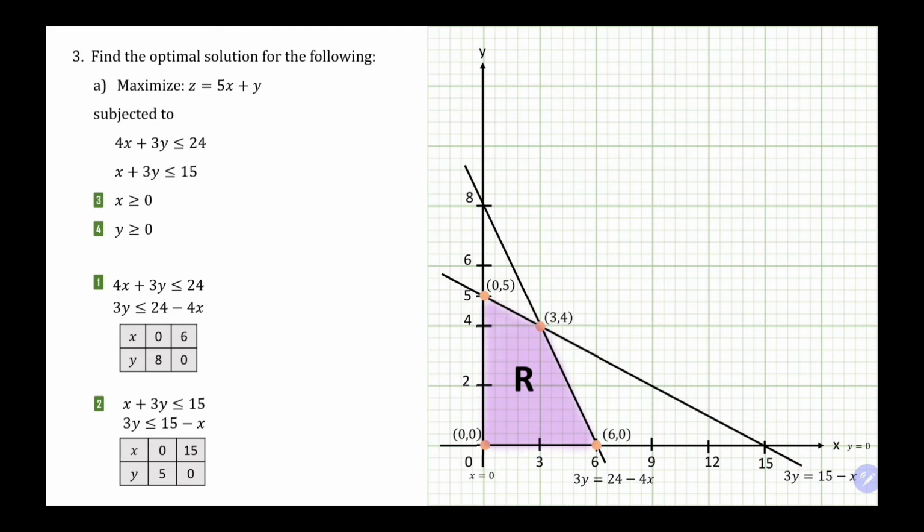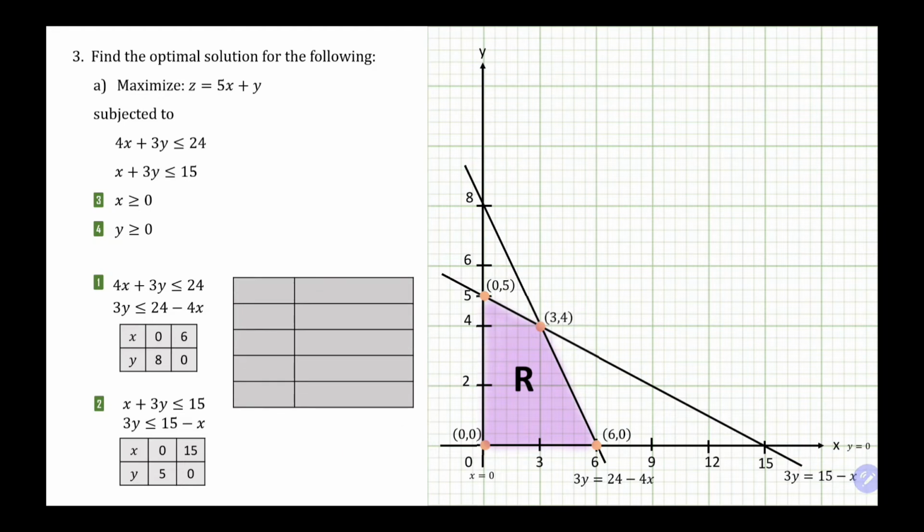Then we create a table. We put our points 0, 5, 6, 0, 3, 4 and 0, 0. Then we put our function to maximize, z equals 5x plus y. Then we substitute our points into z.